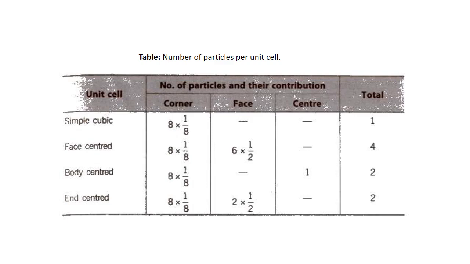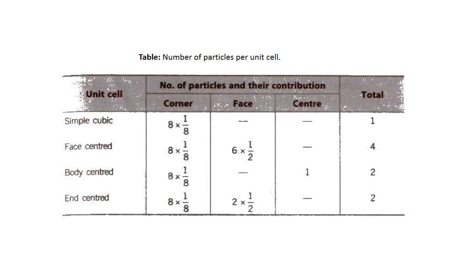In the body-centered, we have the corner points and 1 at the center of the unit cell. In this way we have a total of 2, 1 from the corners and 1 at the center.